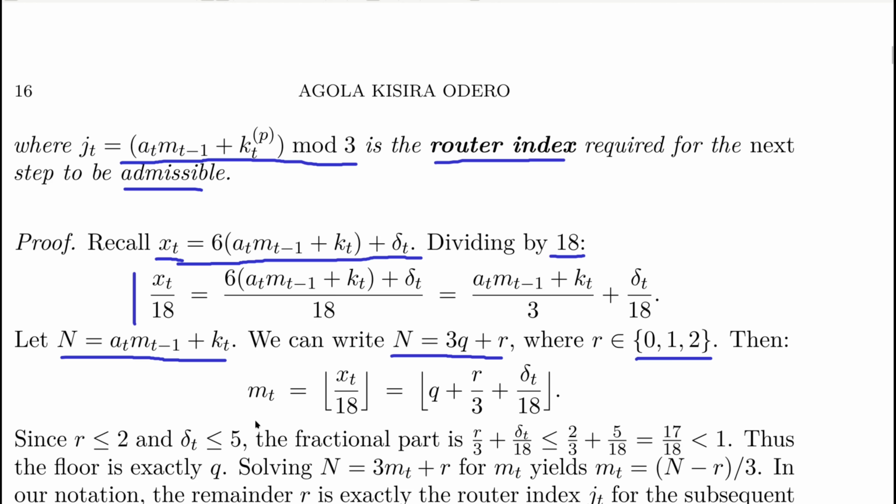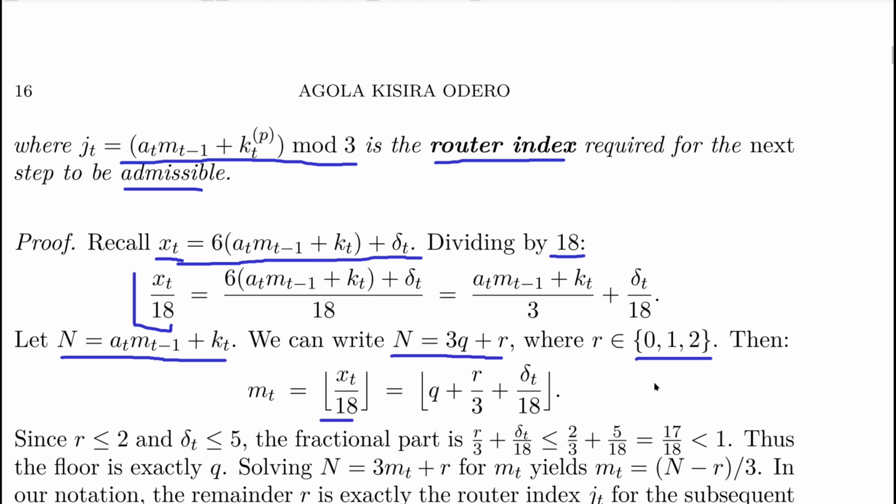Then mt would be the floor of xt over 18, as you see here, which equals, taking n here being 3q plus r, and recalling that at mt minus 1 plus kt was divided by 3 here in the expression for xt over 18, we would get q, so the floor of q plus r over 3 plus delta t over 18.